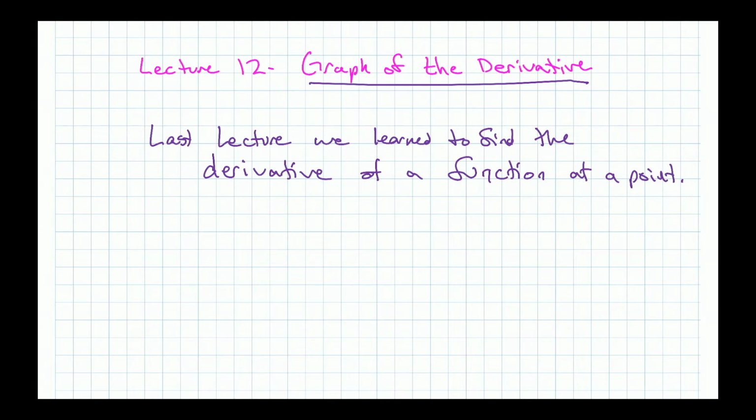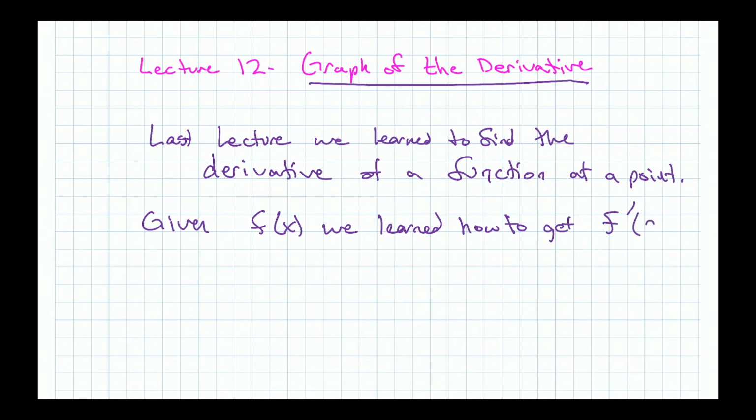Given f of x, we learned how to get f prime evaluated at some point a. And the apostrophe there, you pronounce prime and it's the derivative. So the derivative of f evaluated at a.